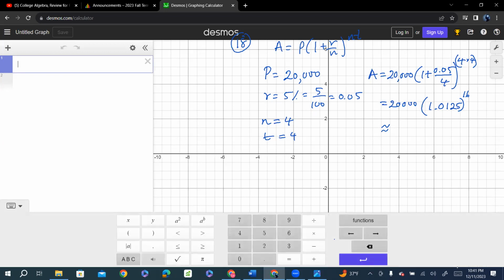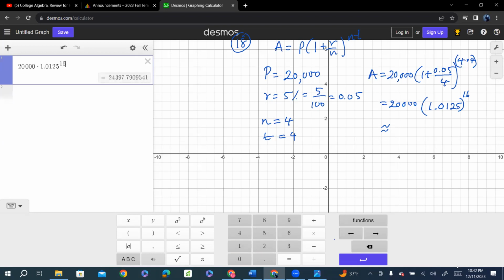Okay, so I get 20,000 times, so multiply by, do I have a parenthesis? I guess not. So press 1.0125 to the power of 16.